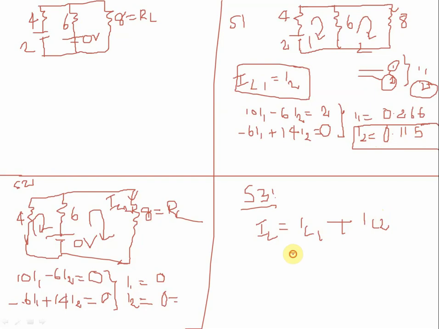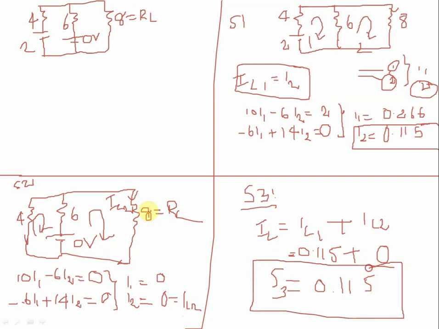Substitute 0.115 plus IL2. What is IL2? IL2 is equal to I2. What is the answer? 0. Then add these two answers. What is the answer? 0.115. So this is step 3. This is called the load current.